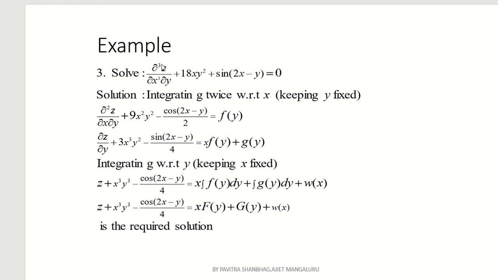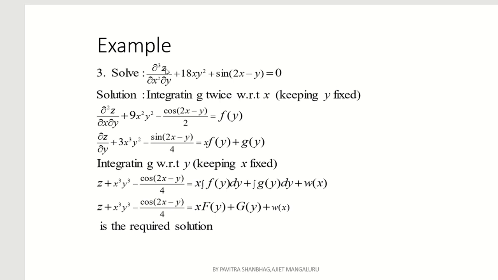That means how many times do we have to integrate? Three times. But how many times with respect to x? Two times, and one time with respect to y. Look here, ∂³z/∂x²∂y, we have to integrate twice with respect to x and once with respect to y to get the z value.